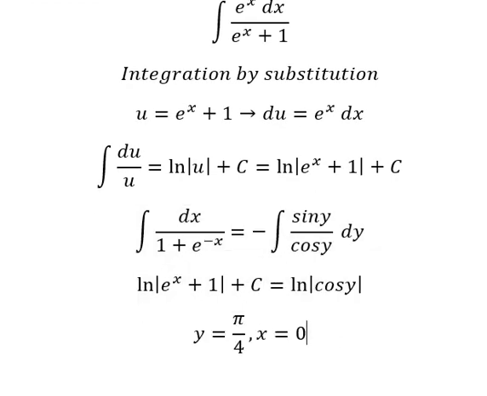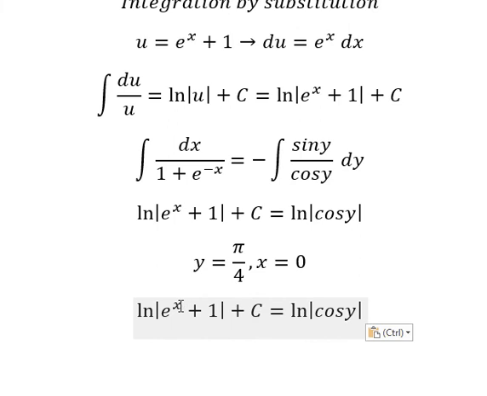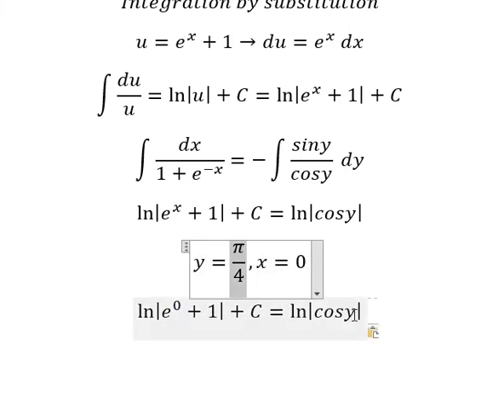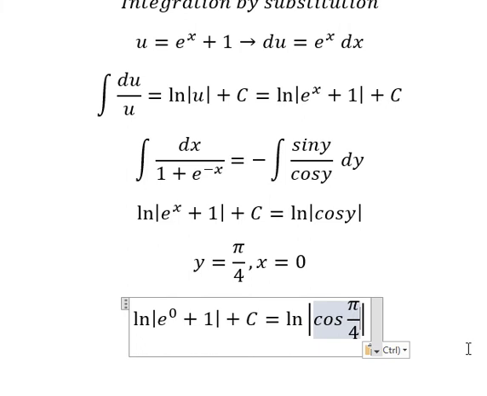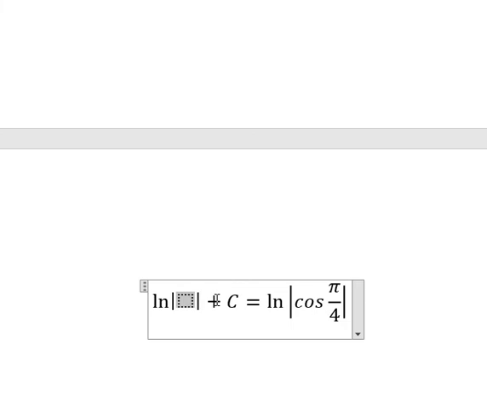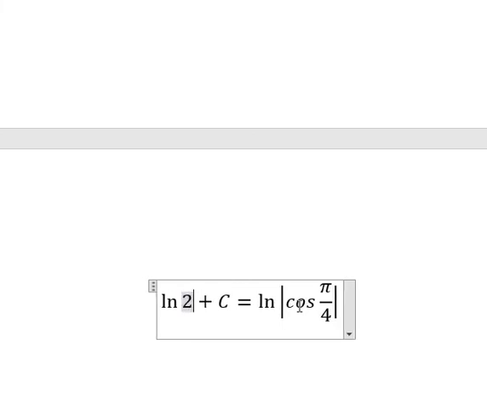So I will put s equals to number 0 here. Y equals to pi over 4 here. So this one we have number 2. This one we have the square root of number 2 over 2.